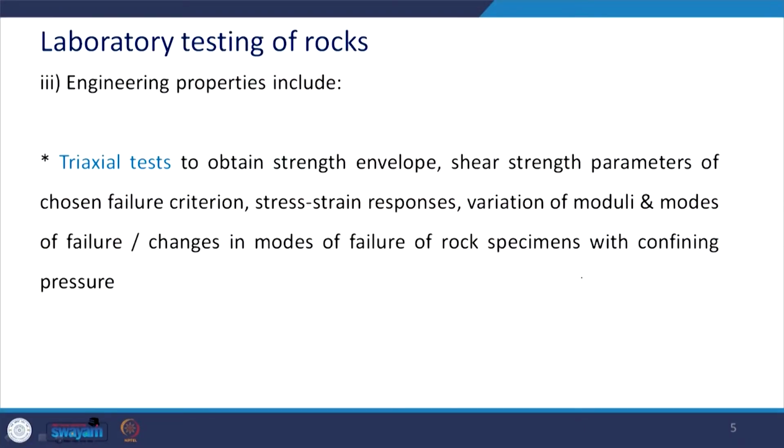Then the triaxial test. You are all aware, with reference to soil, about this test: in this test you apply the all-around confining pressure and then you increase the pressure in the axial direction so that the shearing can take place.